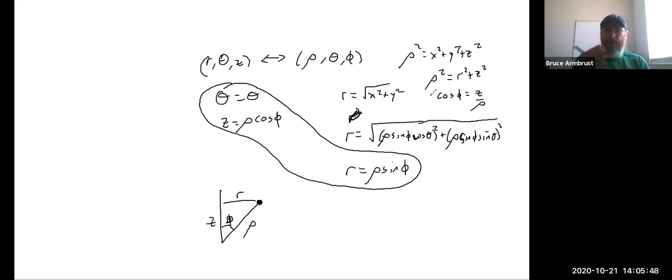Right, so that's going the other direction. But it's stuff you already know. And like this guy, rho squared equals r squared plus z squared, notice that that's just the Pythagorean theorem on this triangle. Like all of these conversions come back to the Pythagorean theorem, every single one of them.